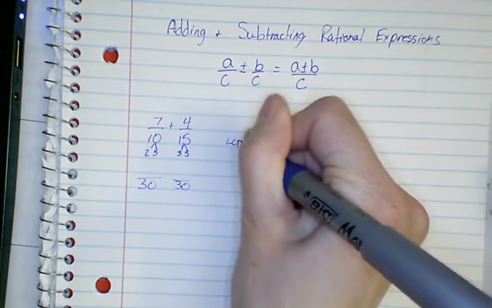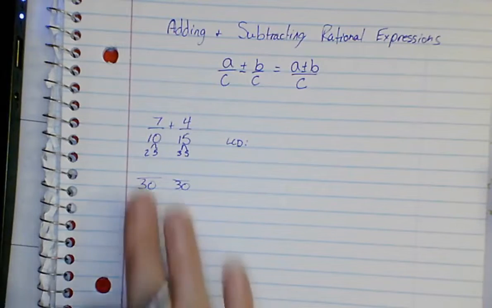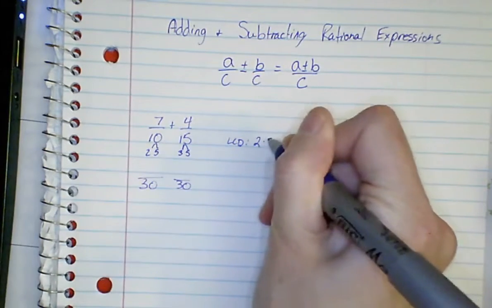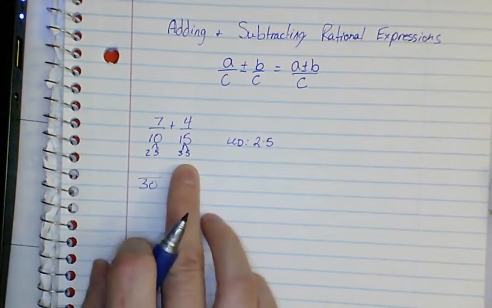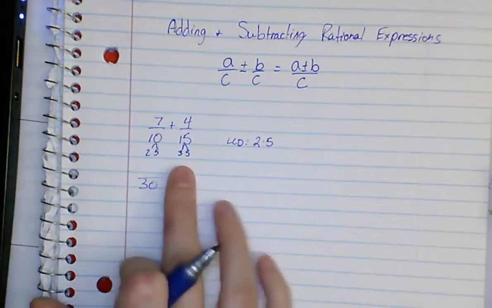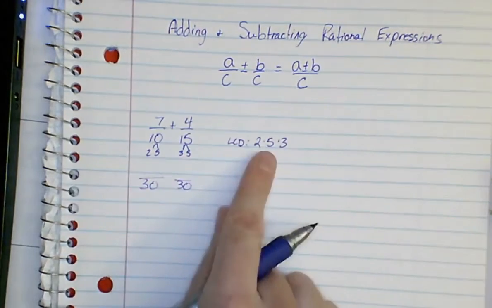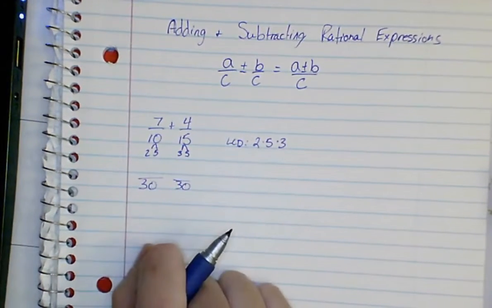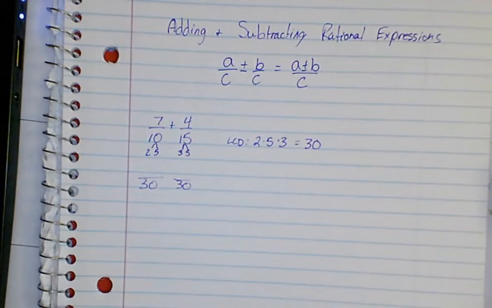And for our LCD, which is the same concept as with rational expressions, we will write the factors of the first denominator, and then we will take any factor that is different in our second denominator and write it down. So since we already have a 5, we'll write the 3. If you multiply all that together, we actually get the number 30. So this is the same concept that we will use for rational expressions.